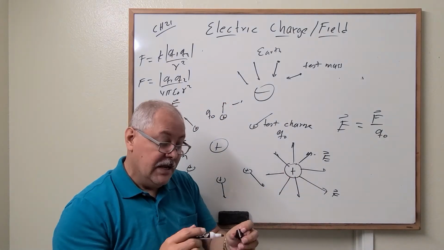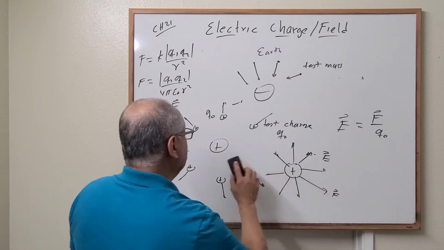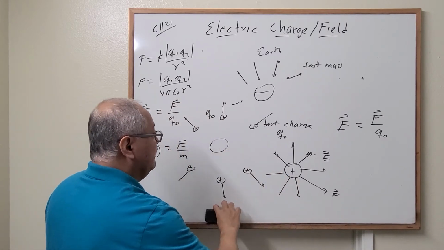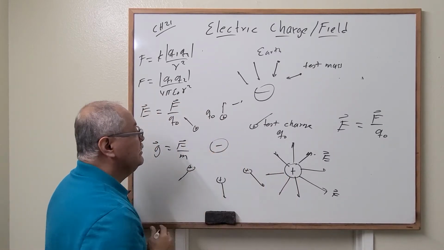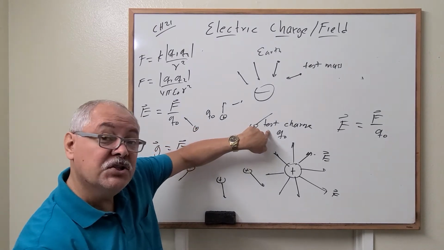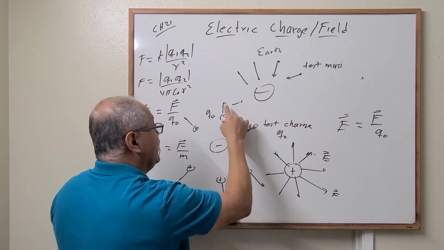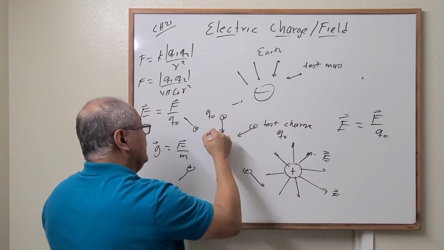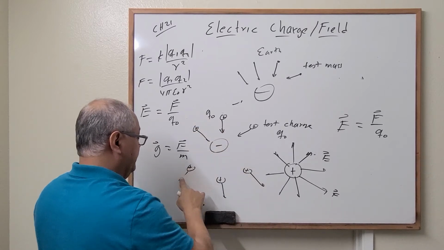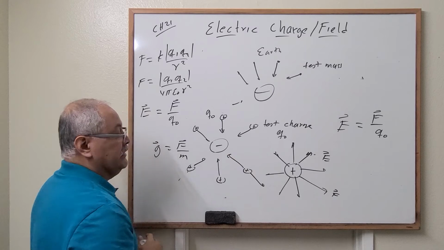What about for a negative charge? The same technique, correct? Instead of positive, right here, let's use a negative charge. In this case, what happens? Well, we use the same test charge by convention, the positive charge. In this case, they are attracted. They attract each other, like that.